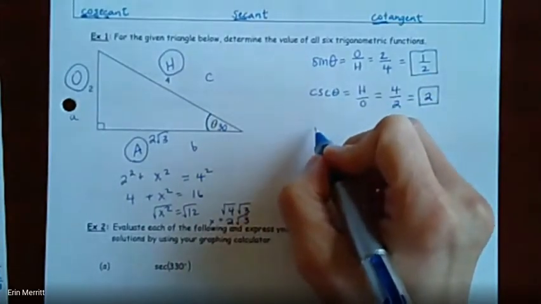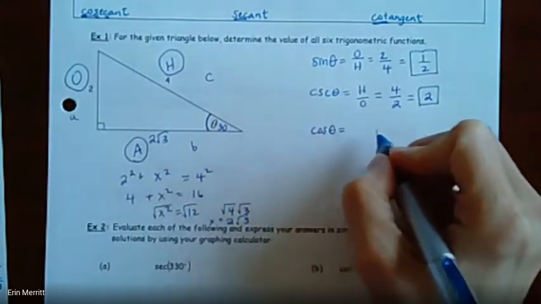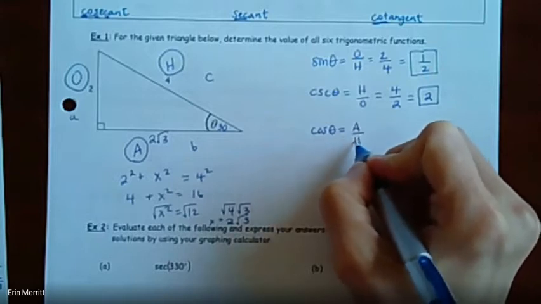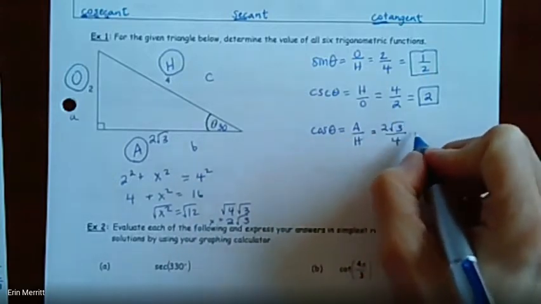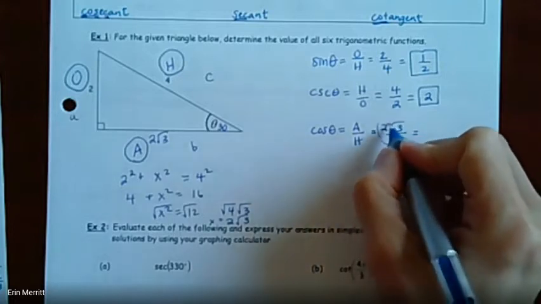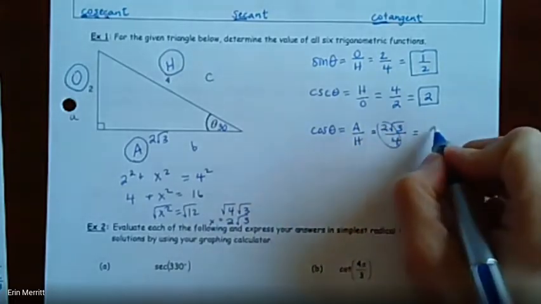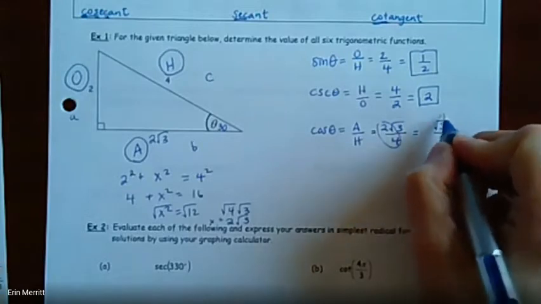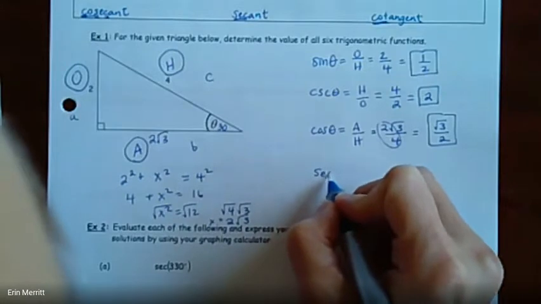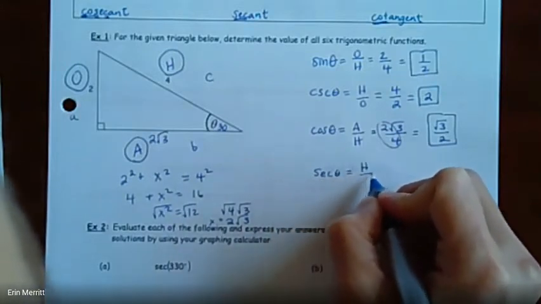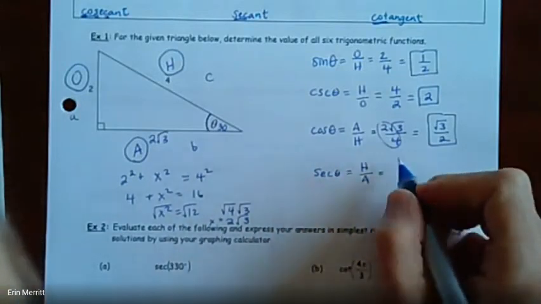All right, now let's do cosine. Cosine, A over H. So 2 radical 3 over 4. In this case, you would just reduce this part of it. And so that would come out as radical 3 over 2. If we now do its reciprocal, secant, that would be the HA, so H over A. So flip this upside down.